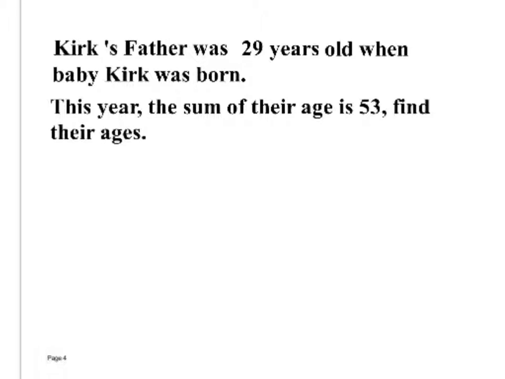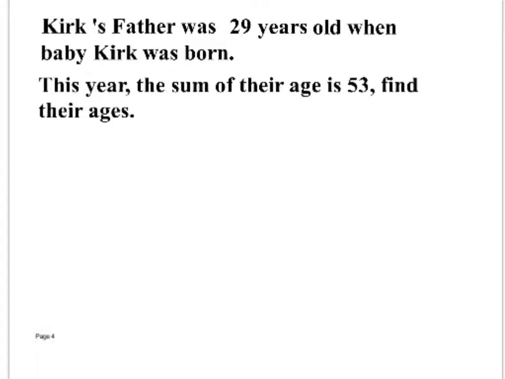Write this down. It says Kirk's father was 29 years old when baby Kirk was born. So how old was Kirk's father when Kirk was born? 29. This year, Kirk was born several years ago. It says this year the sum of their ages is 53. Now we know it's a sum, so that's an addition problem.